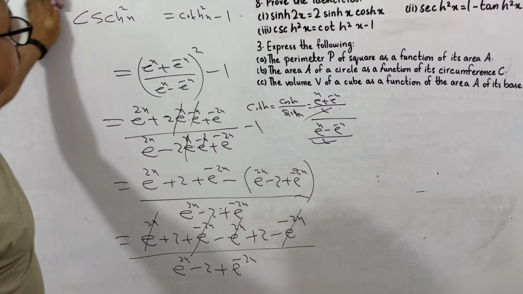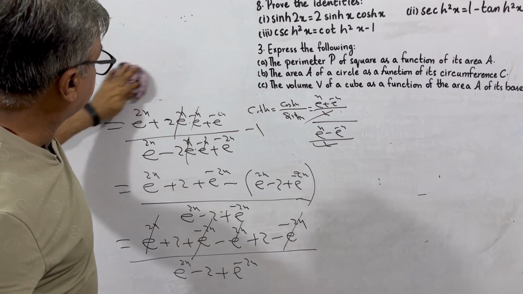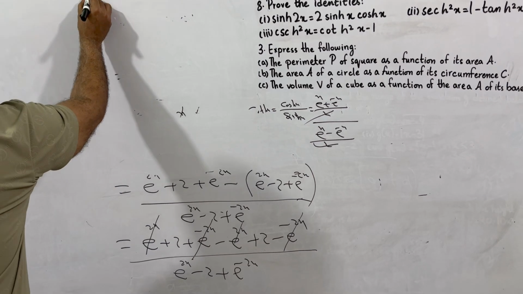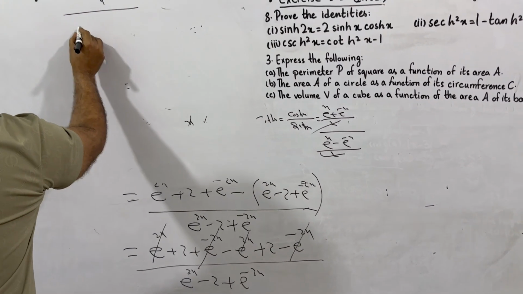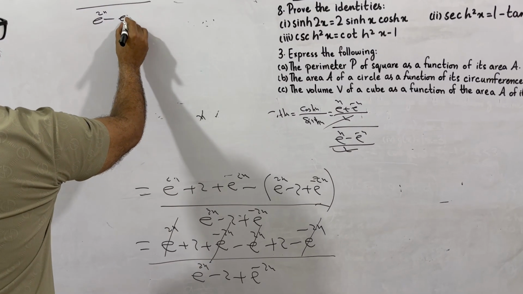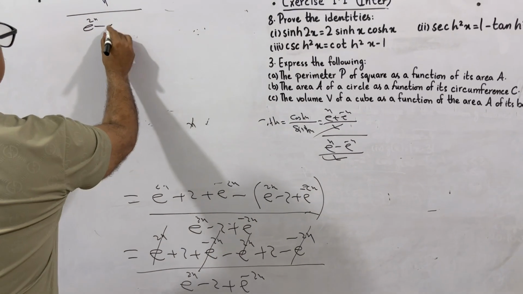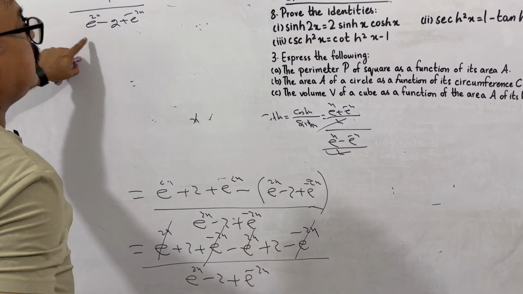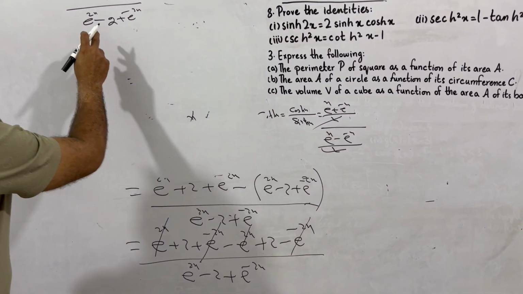Let me write this: 2 plus 2, that is 4, over e power 2x minus 2 plus e power minus 2x. That is going to be cosec.